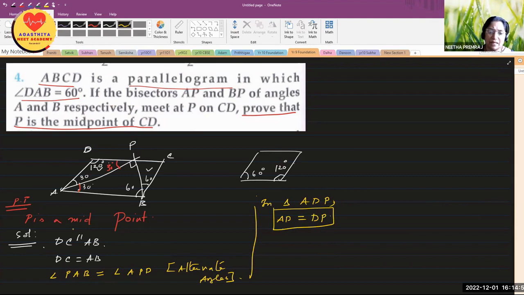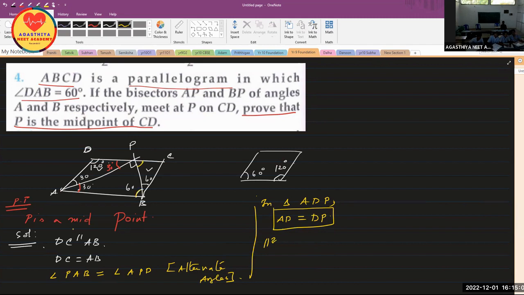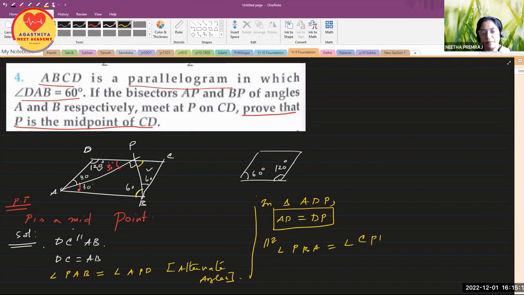Then similarly, if you consider this, what about this angle? 60 degrees. Why? Angle DPA is equal to angle CPB, that is equal to 60. The reason is alternate angles. Then this is also 60.